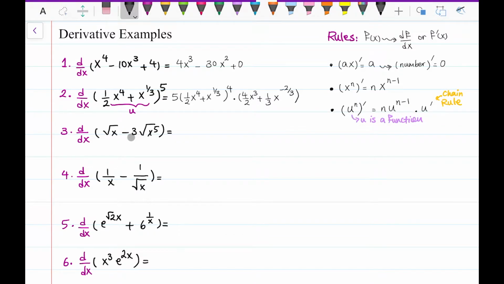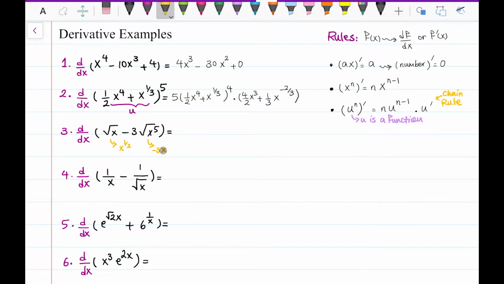So if I want to go to the next one, what do I have? I have a square root, but since I just want to use these formulas, I can rewrite the square root of x as x to the power of 1/2. And then this one would be negative 3 times the square root of x to the power of 5.